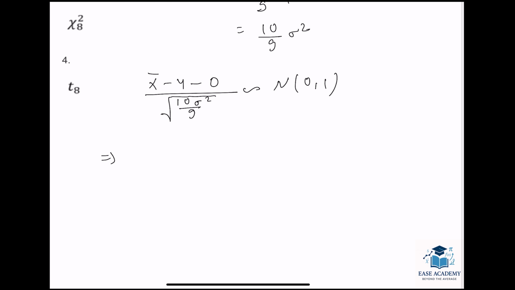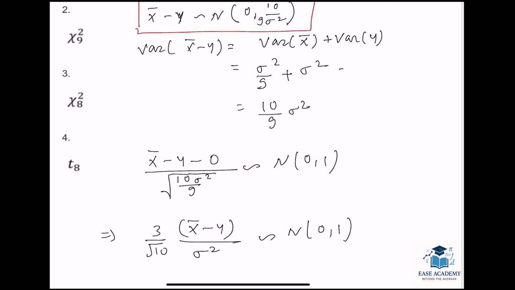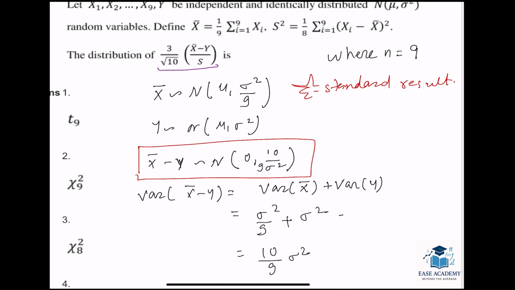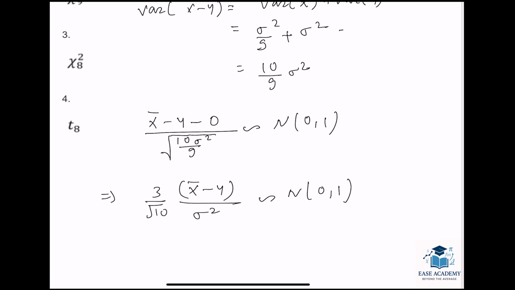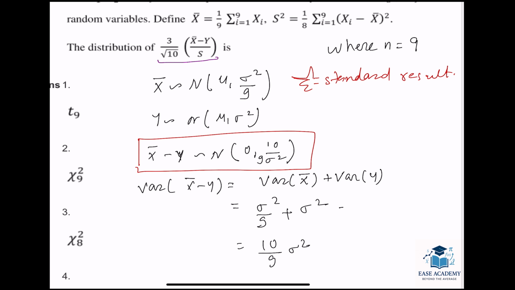So this implies that 3 upon root of 10 times (X bar minus Y) upon sigma follows a normal distribution with mean 0 and standard deviation 1. You can see that we have a structure a little bit similar to what was asked, so we need S here as well.